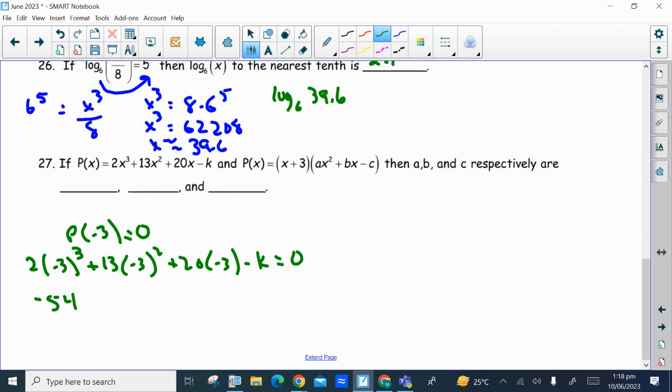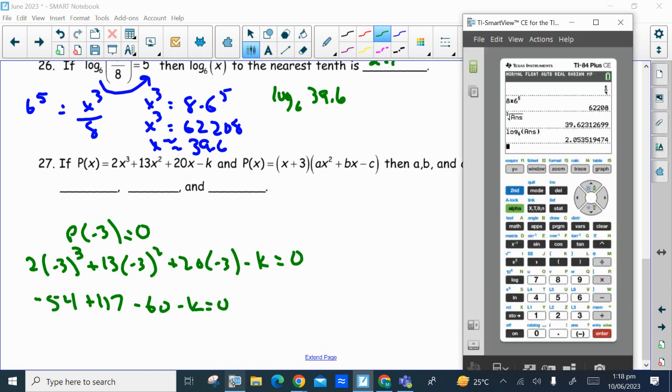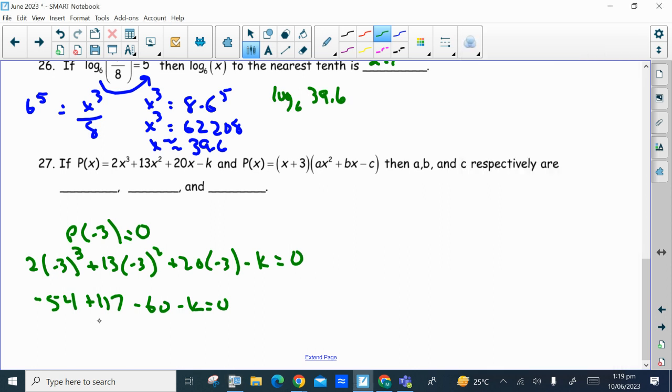Negative 3 all squared is positive 9 times 13 would be 117, I think. Minus 60 minus k equals 0. So negative 54 plus 117 minus 60, so 3 minus k equals 0. So k equals 3.